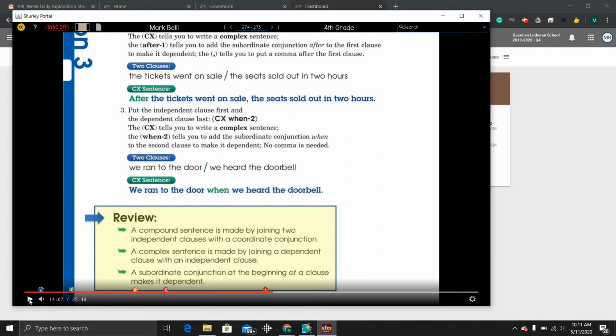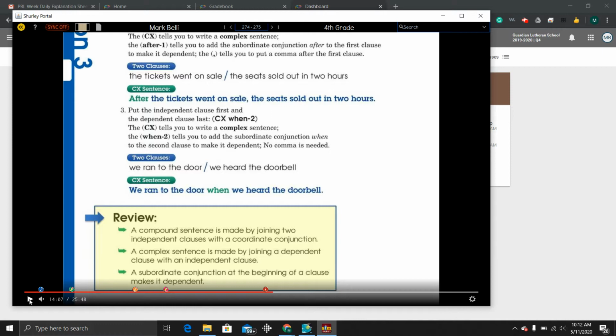Okay, just as a quick reminder, complex sentences have two clauses. Now, a clause has a subject and a verb. Some of those clauses are independent and they make sentences. Some clauses are dependent or subordinate and they need a conjunction and a connection to another clause.